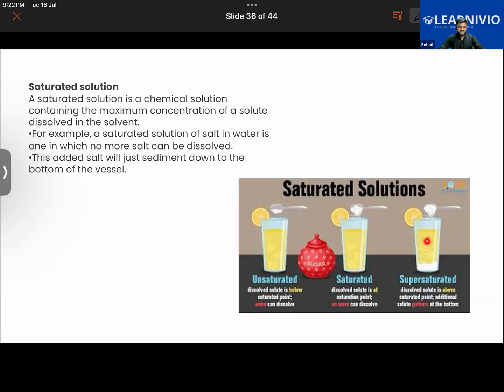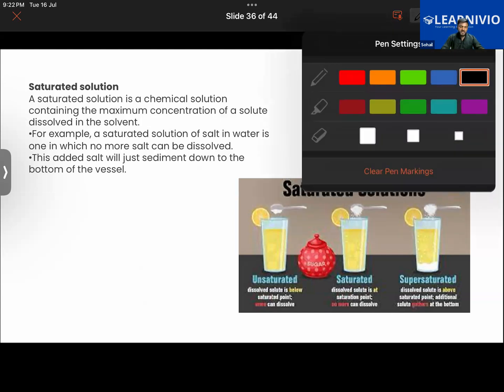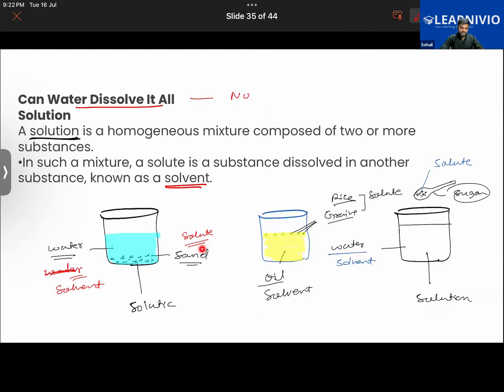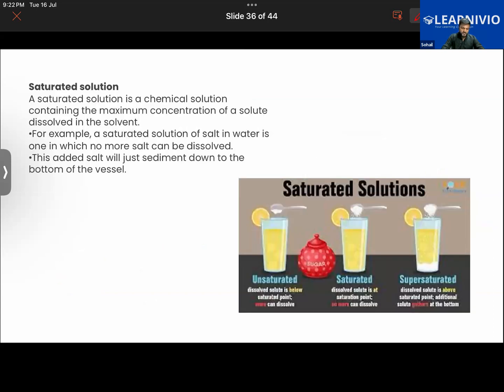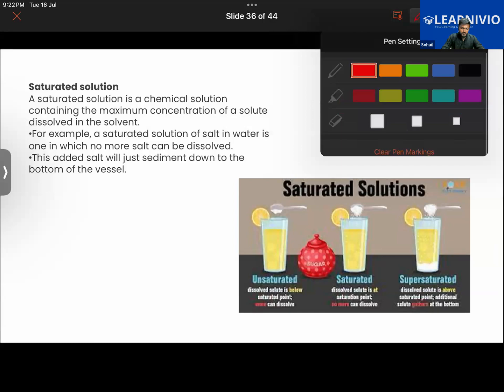We can take some other things also. So that is a solution. And a solution can have more than one solute, right? For example, here you have added sugar. What if you were to add salt in it also? Then how many solutes have you added into the water? Sir, two. Two, right. You're getting it now, Halima and Ira. Yes, sir.